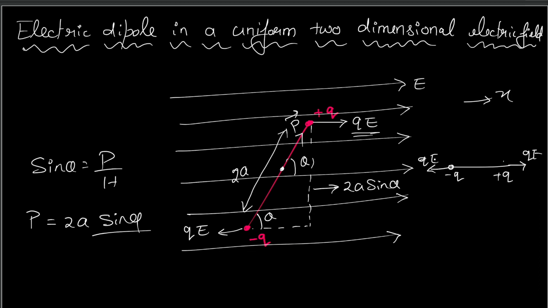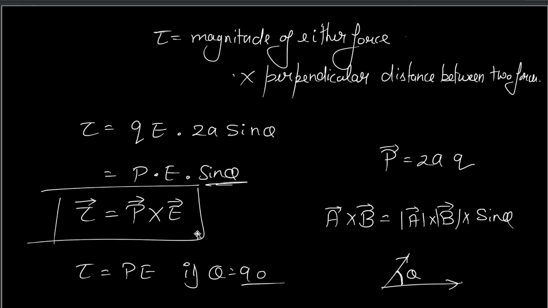You have already represented the direction, just simply write the magnitude. They are equal and opposite, and they will cancel out, and this equation also shows that the torque is equal to 0 when theta is 0, simply. Okay, thank you.